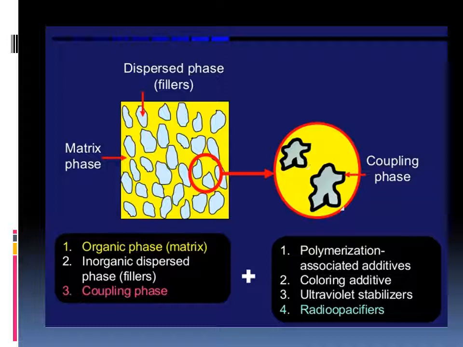And then you have the coupling agent or the coupling phase, which is bonding them together. And then you have the other additives like the coloring additives, the radiopacifiers, the inhibitors, the ultraviolet stabilizers. So this is what the dental composite is composed of.